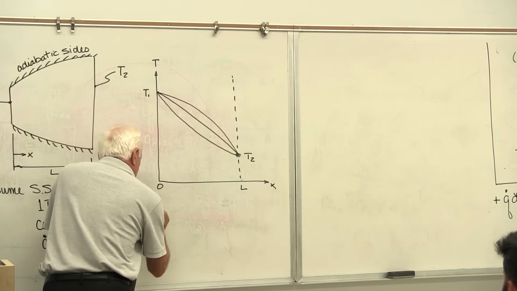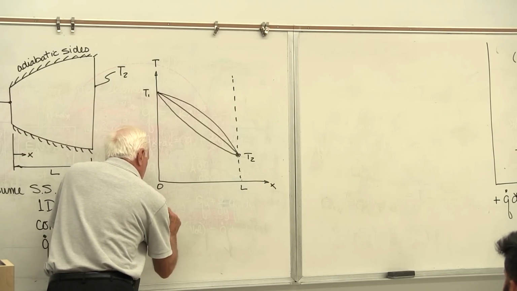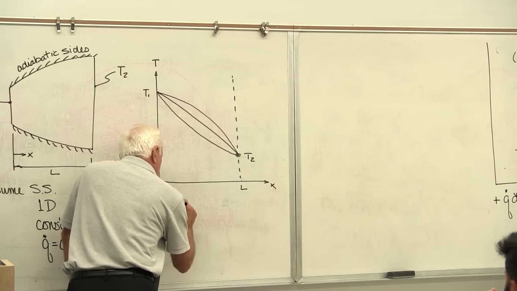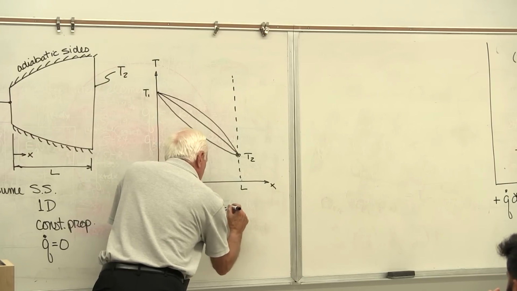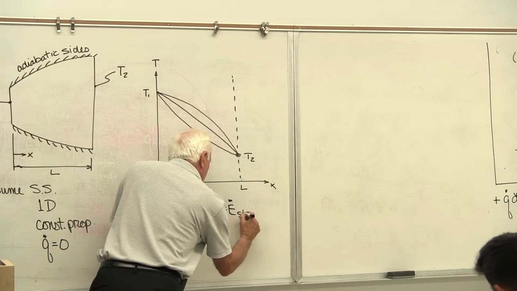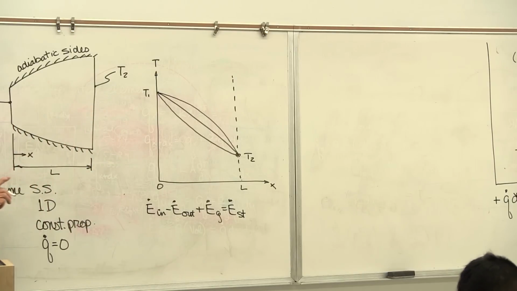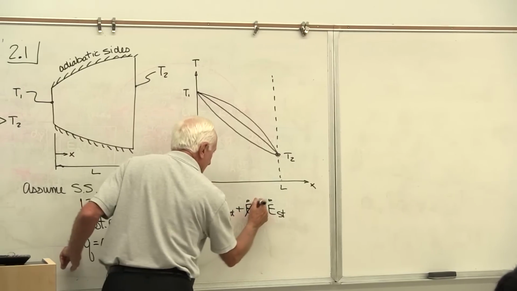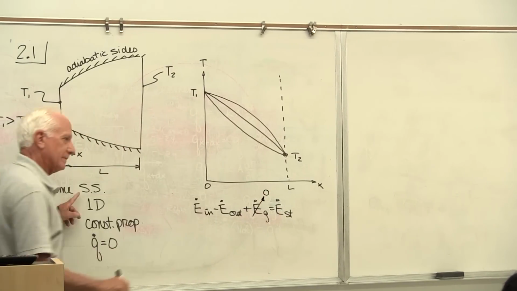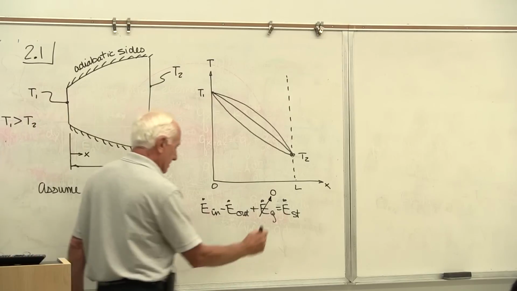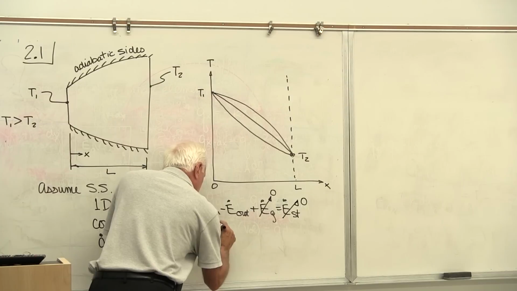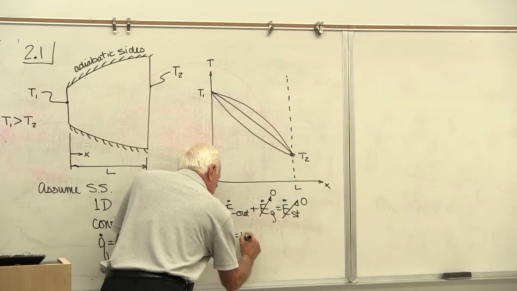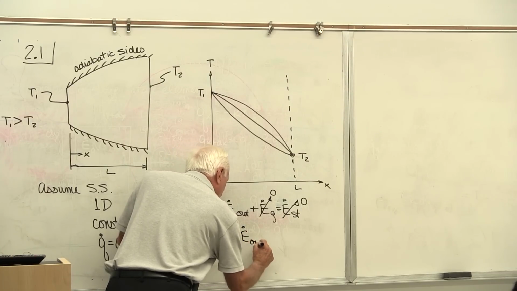Let's do an energy balance: E dot in minus E dot out plus E dot gen equals E dot storage. Now, he said steady state, so storage is zero. And there's no generation, so goodbye to that term too. Conclusion: the E dot that comes in the left-hand face must equal the E dot that goes out the right-hand face.